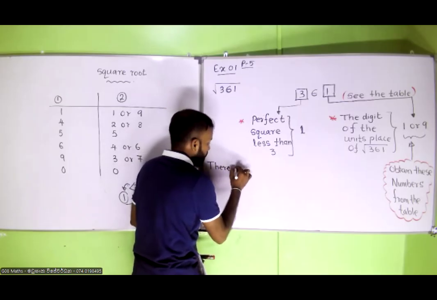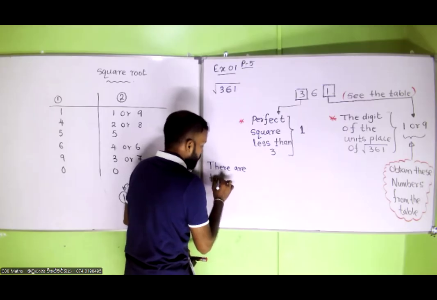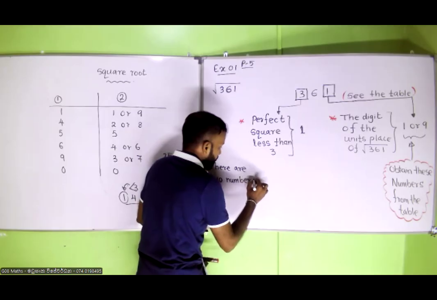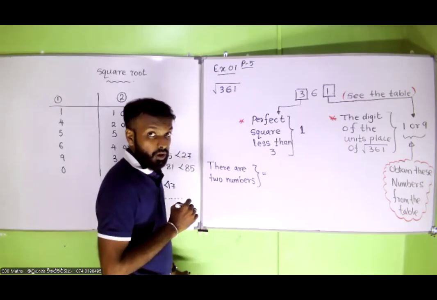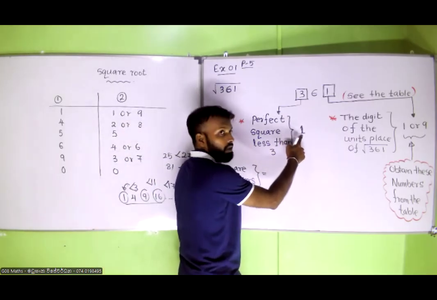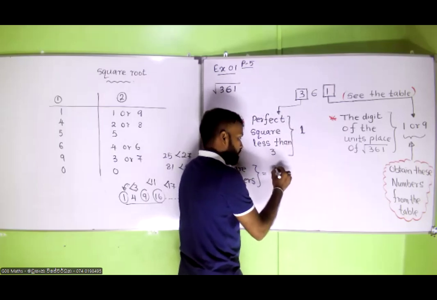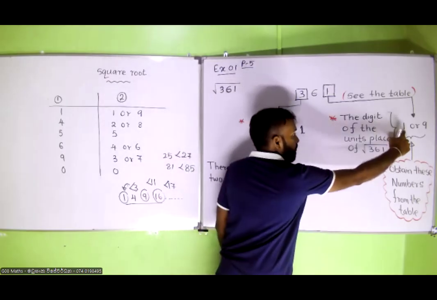Don't write. Now look at the board. There are two numbers, right? We can obtain two numbers here. How? If we take one number, the tens place of this number is 1, and the units place of that number is 1.